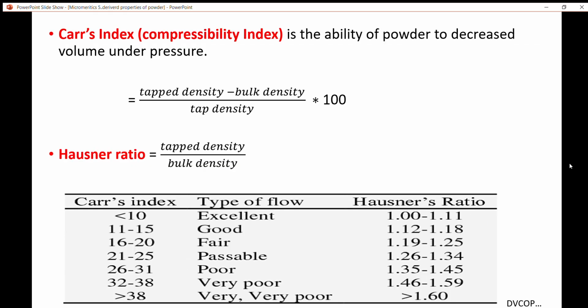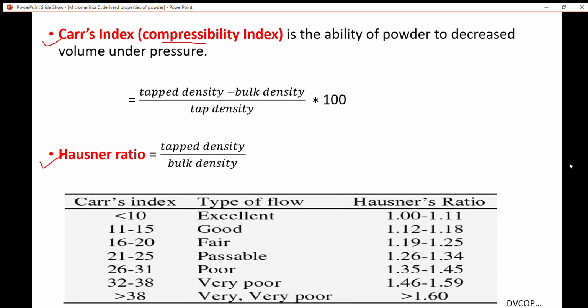Flow property of powder can be evaluated by using the Carr index and Hausner ratio. The Carr index is also known as the compressibility index and is the ability of powder to decrease in volume under pressure.